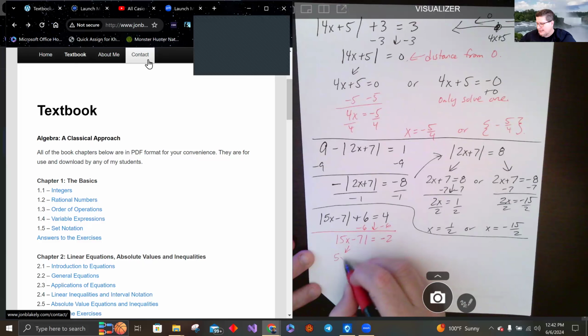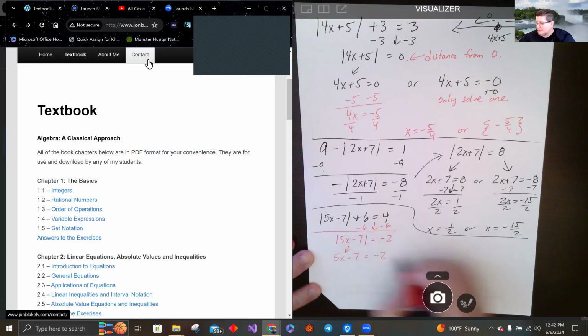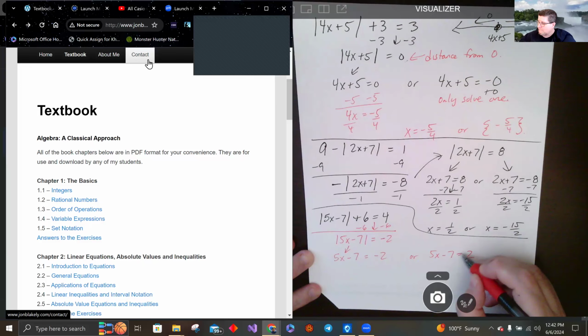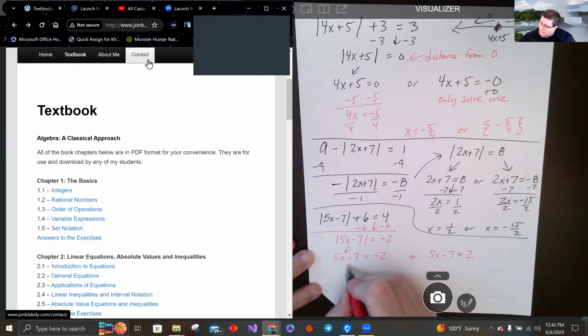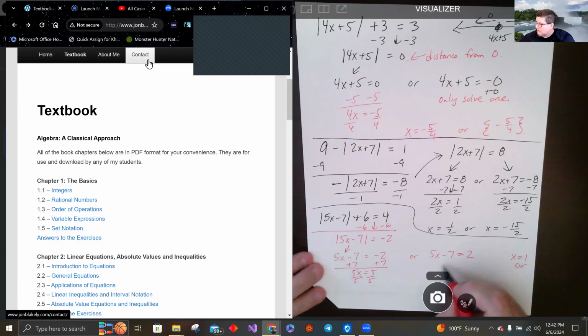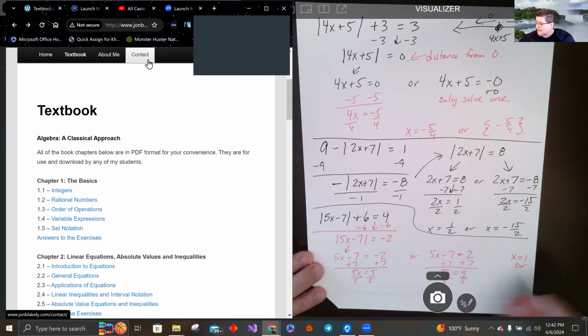If I split it, I get 5x minus 7 equals negative 2, or 5x minus 7 equals the opposite of that, which is positive 2. And I will solve. Or x equals 9/5.